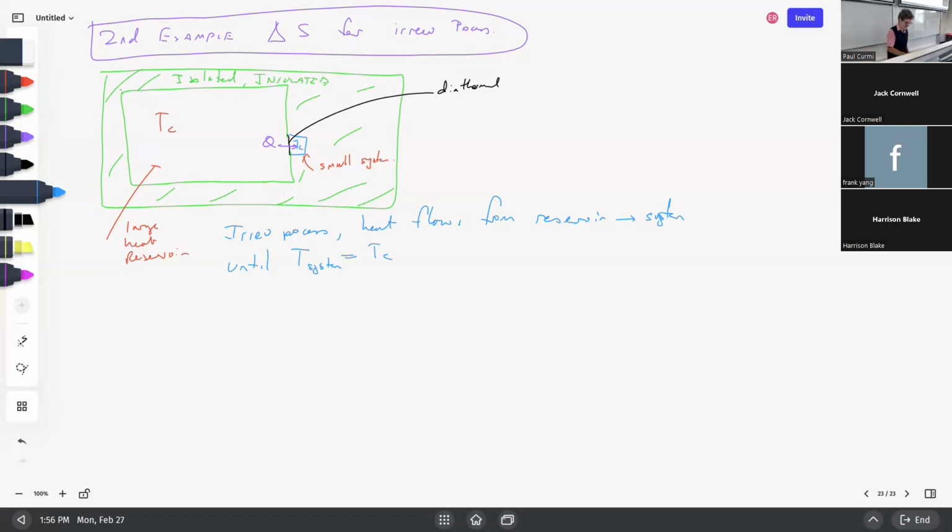Sorry, that's T hot, not TC. So I'm assuming that the reservoir is infinite, very, very large, so nothing happens to it. Okay, so I need to calculate the entropy.